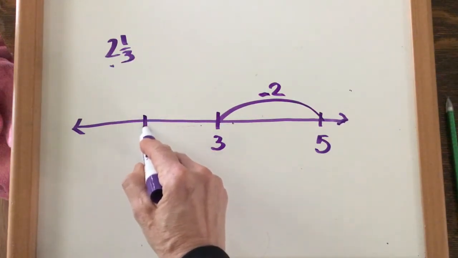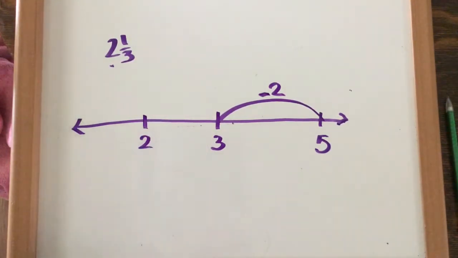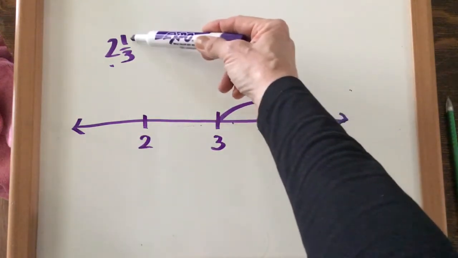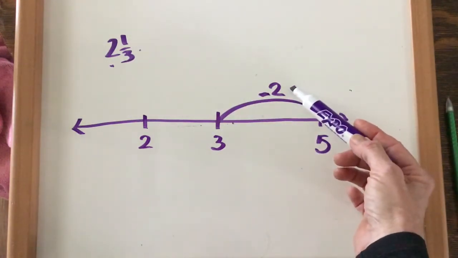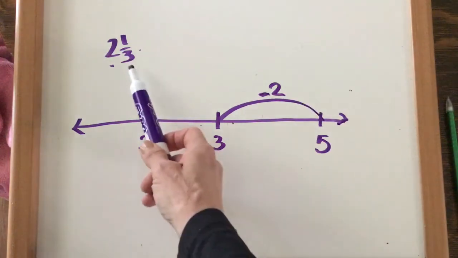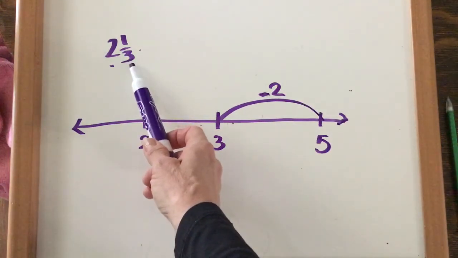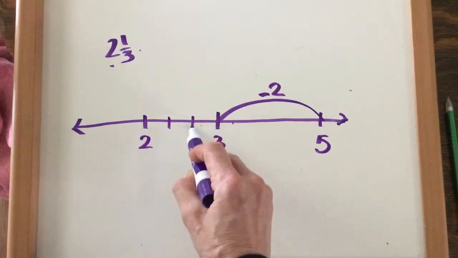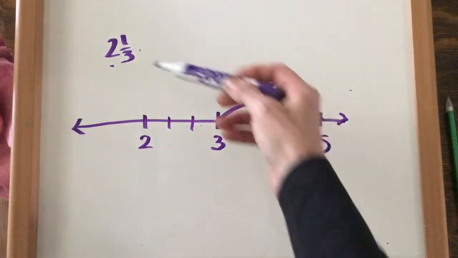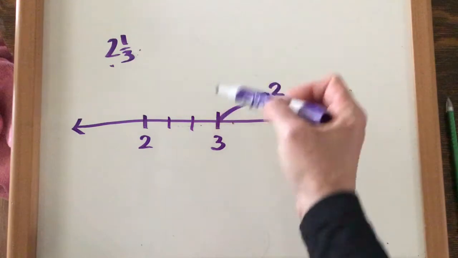So I'm going to put one more whole number here because I will be taking away part of a whole. I will be taking away 1/3 of a whole. Now that I've already done my whole number 2, I can see that I'm working with thirds because of this denominator. So I divide this chunk into thirds. I know that I'm taking away one more third.